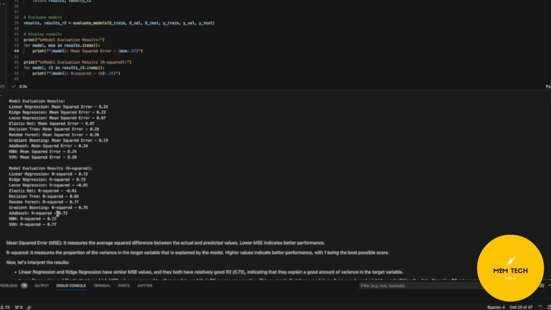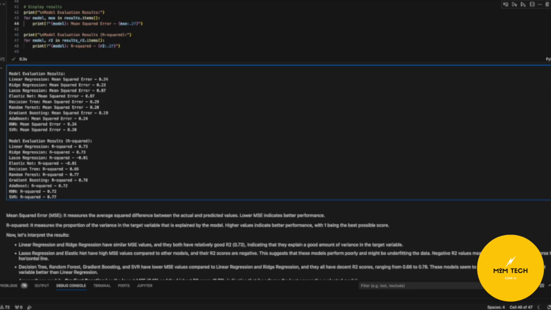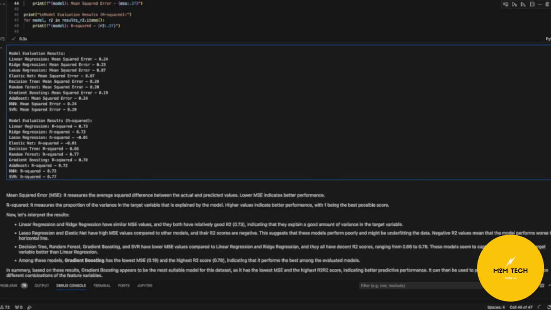But gradient boosting had pretty good results for both of them. So it had the lowest MSE and the highest R squared. So that means that we're going to go ahead and choose that as our model for this data set because it shows that it has better predictive performance. Thank you.